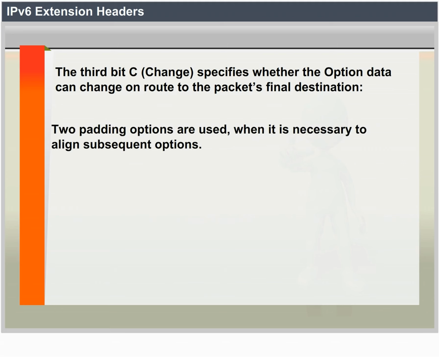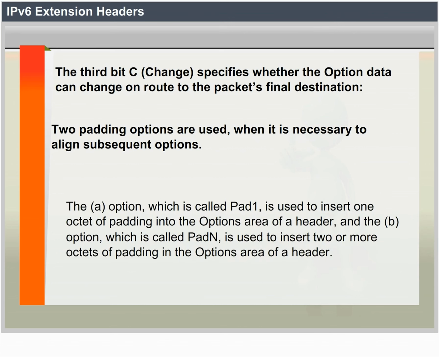Two padding options are used when necessary to align subsequent options. The A option, which is called pad 1, is used to insert 1 octet of padding into the options area of a header, and the B option, which is called pad n, is used to insert 2 or more octets of padding in the options area of a header.